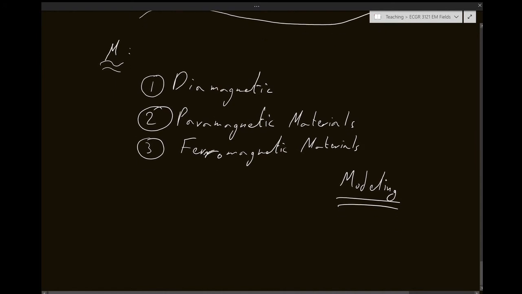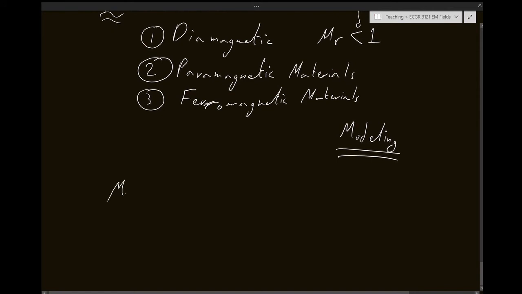Okay, so what's the major distinction between those three kinds of materials? Well, the major distinction is the relative permeability. So for diamagnetic materials, the relative permeability is slightly less than 1. So it's not 0, it's just slightly less than 1.